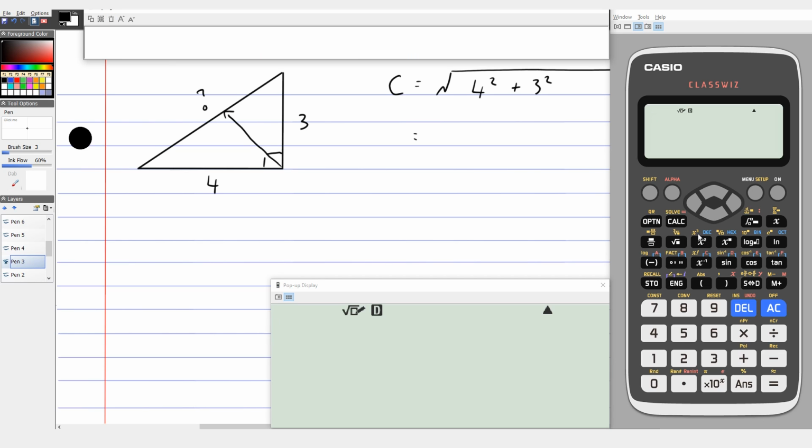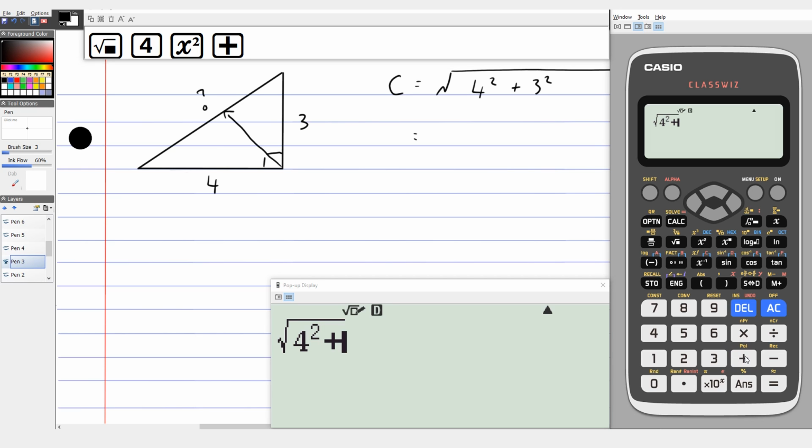So we can do it on a scientific calculator in one go, in one step, without having to write anything down. So the square root of 4, and to get 4 squared, there's a little x squared button on your calculator. So that means whatever I just typed, whichever number I put, when I press the x squared button, it squares it.